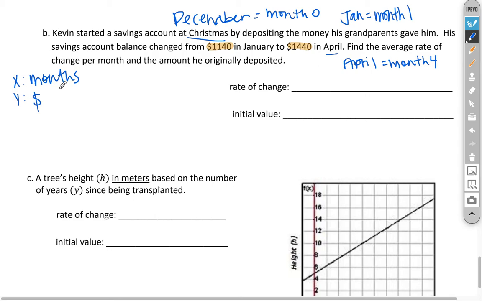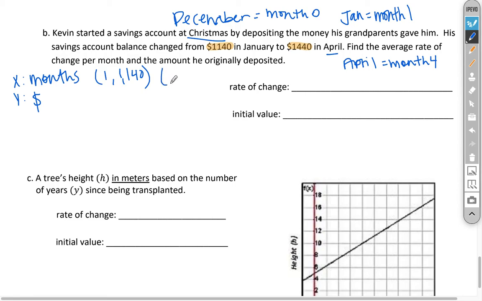To find our rate of change, we need to find our slope. How are we going to do that? We need to find 2 ordered pairs. We have 1,140 in January and 1,440 in April, and we already said that's 1 and 4. Our months is our X value, so that goes first. For January we have 1, 1,140.